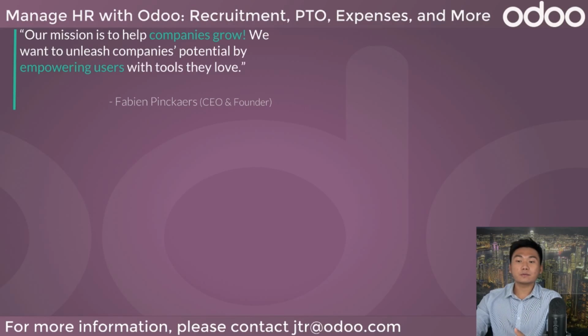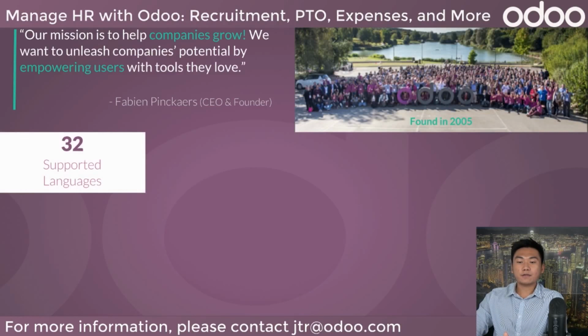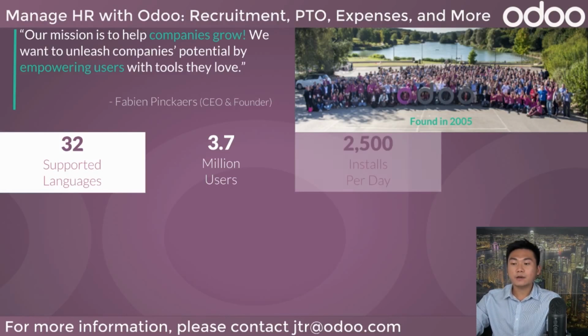Our CEO, Mr. Fabian Pickler, has a mission to implement software or tools that would help all kinds of business operate more effectively. Right now we have approximately 32 languages supported within our software, and approximately 3.7 million users with 2,500 installs per day, and this number keeps increasing rapidly.